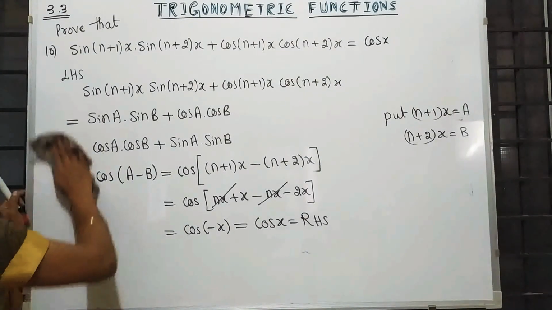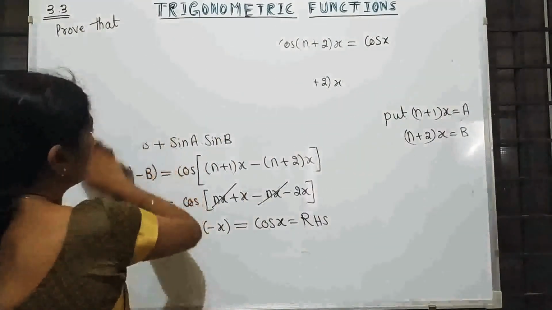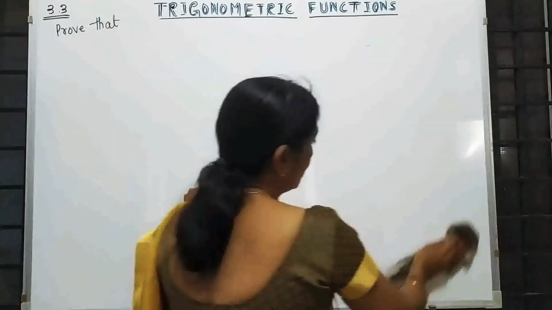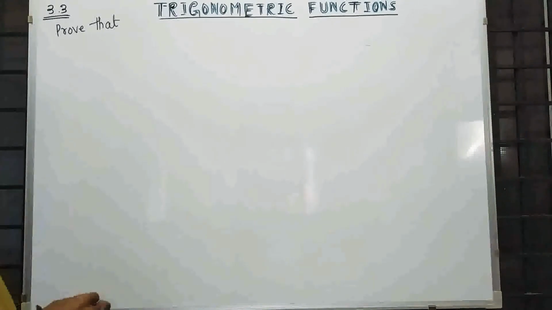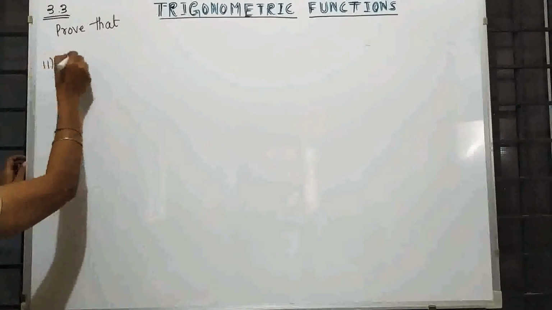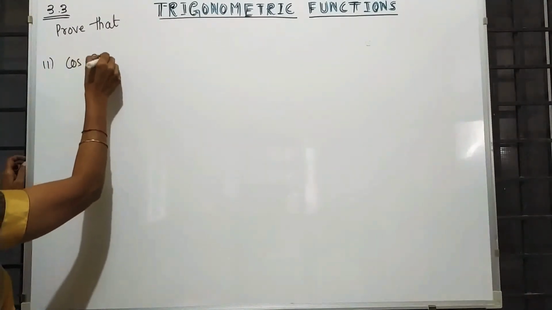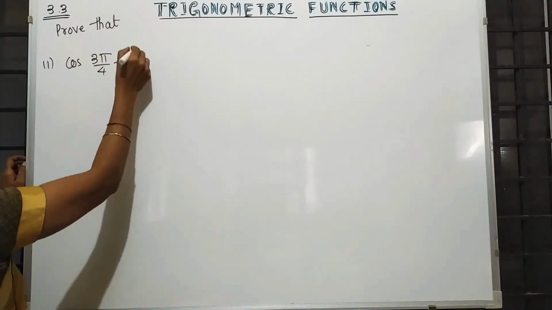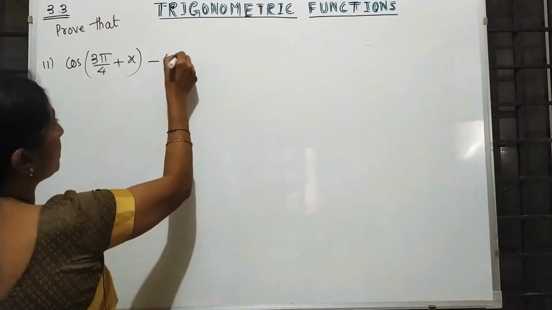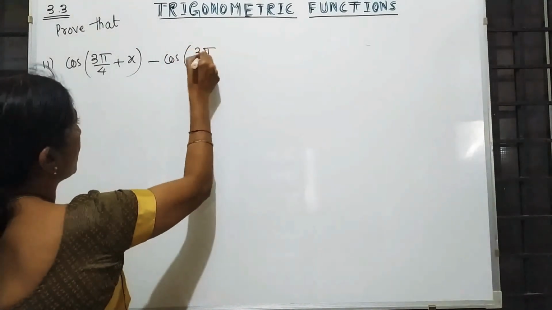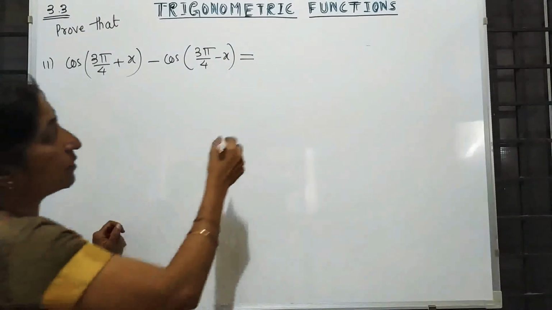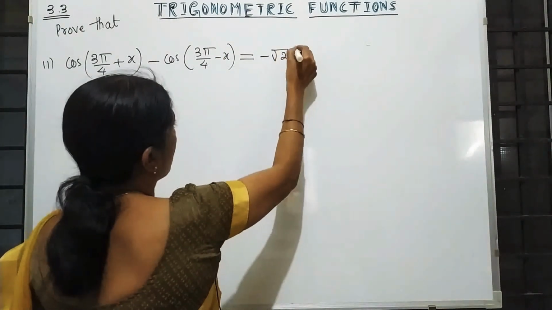Moving to the next question, that is question number 11. So this is also the same. Prove that cos of 3 pi by 4 plus x minus cos of 3 pi by 4 minus x is equal to minus root 2 sin x.